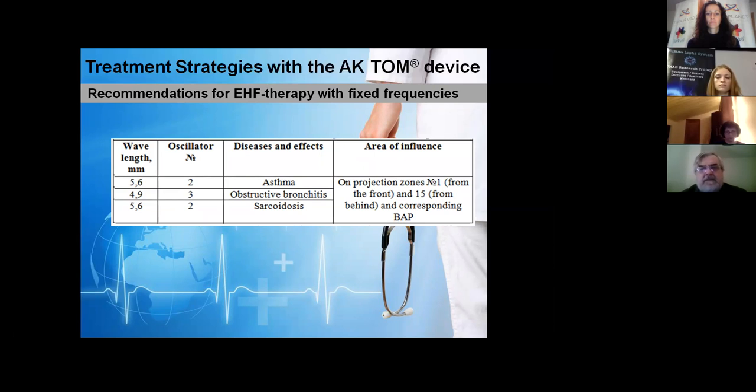These oscillators are not emitting a broadband signal, but a signal with a very narrow frequency range, so it can go in resonance with the respiratory organs, and so it can be in some cases more successful to use these resonance oscillators.